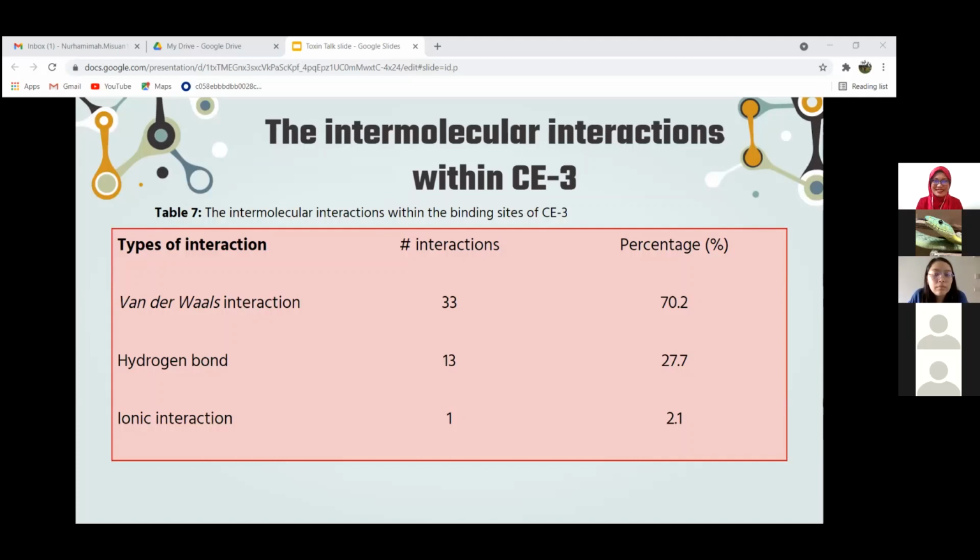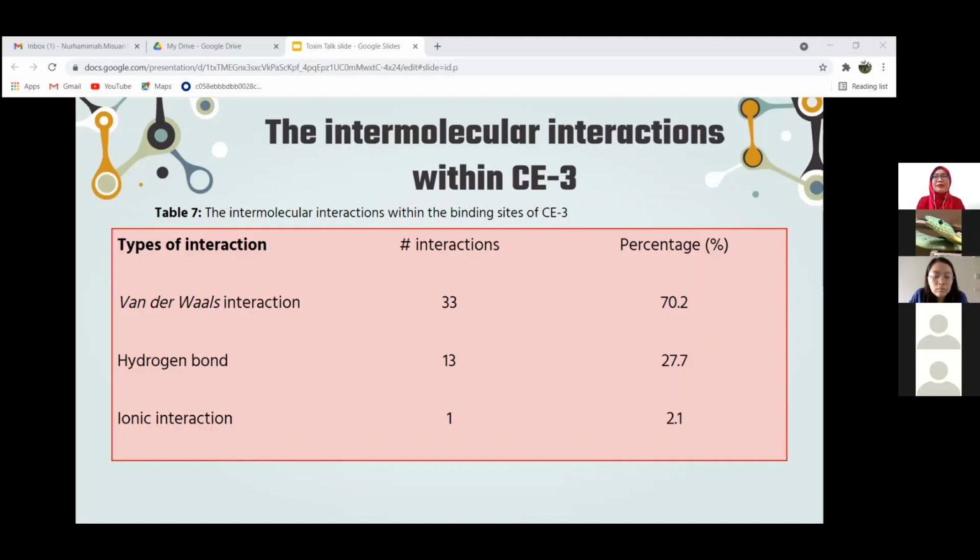Wait, let me think. I'm not very sure about this one, but it is a very strong affinity between TNFR1 and CT, but it can also be a reversible reaction, as suggested by the intermolecular interaction.